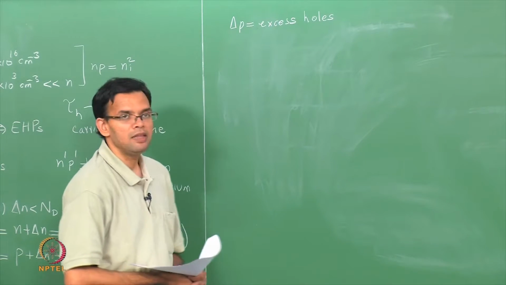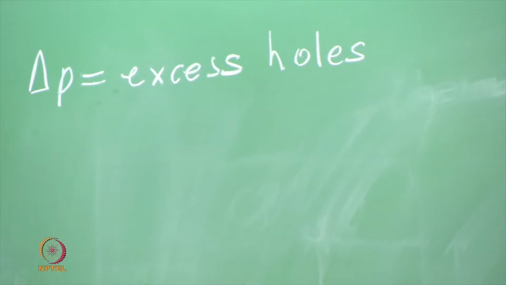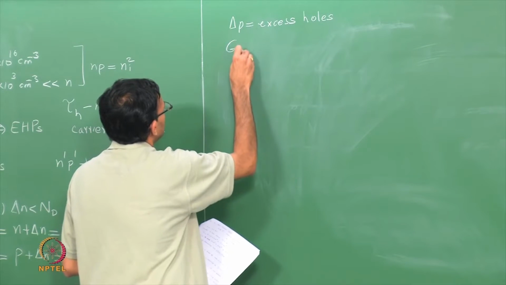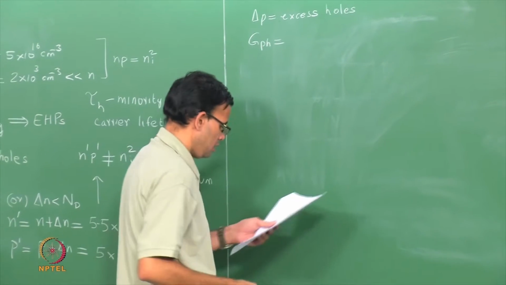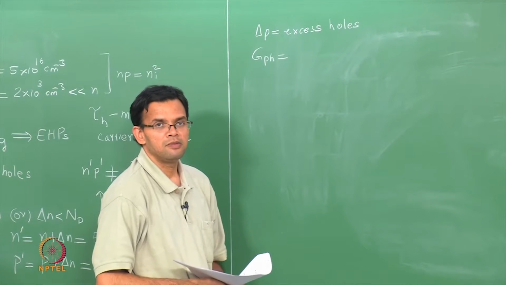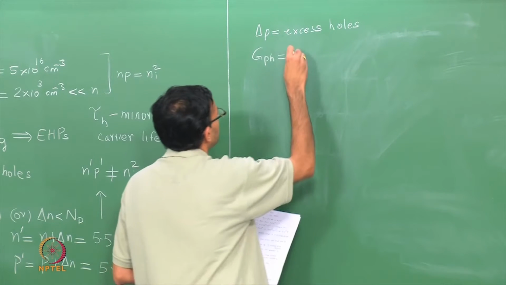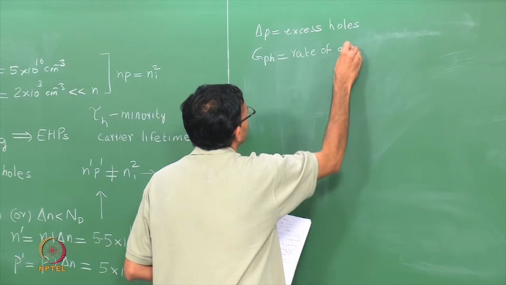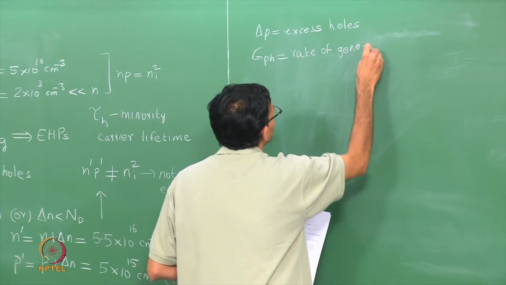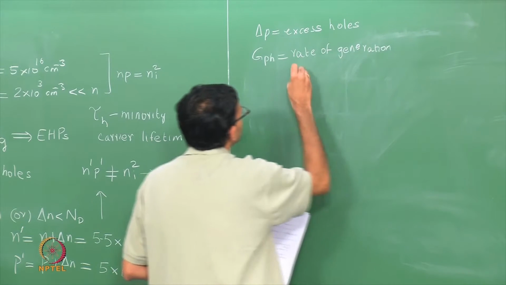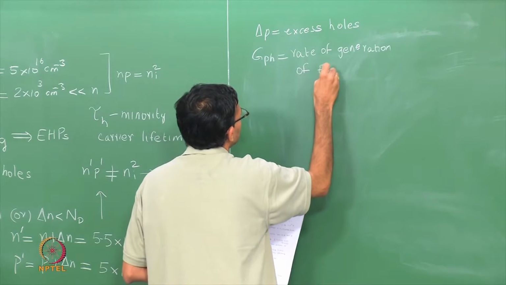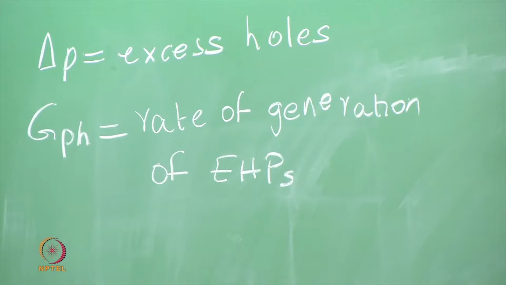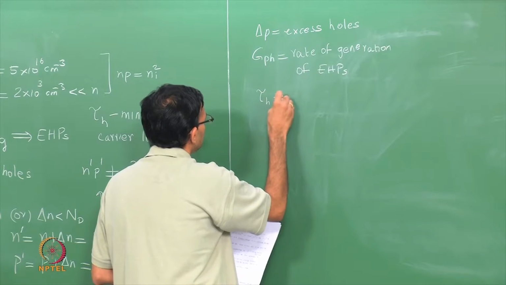So, let delta p be the excess holes that are created, and let Gph be the rate of generation of electron hole pairs. We also define a minority lifetime tau h.